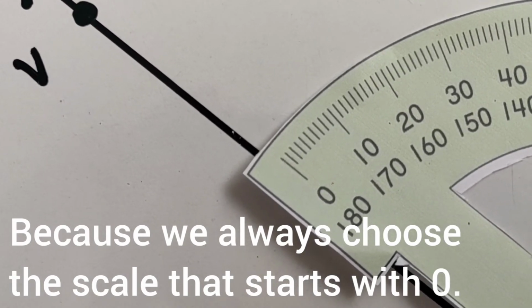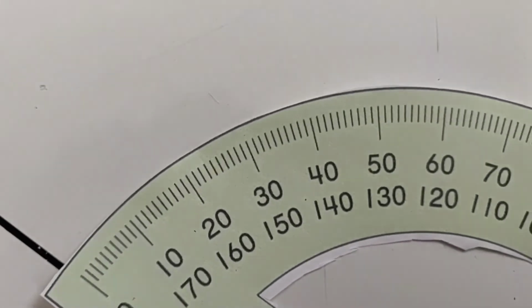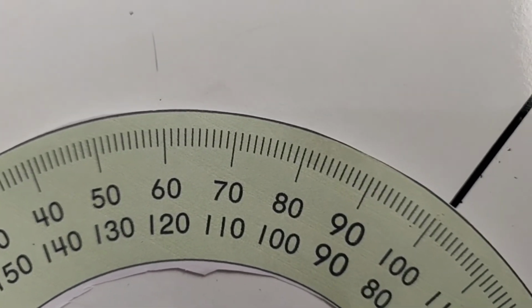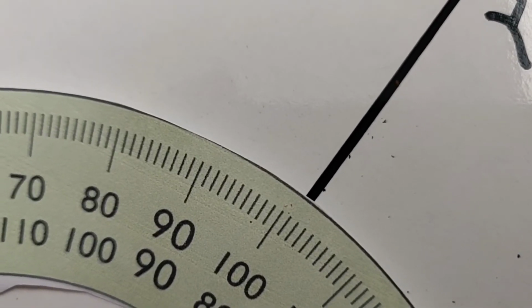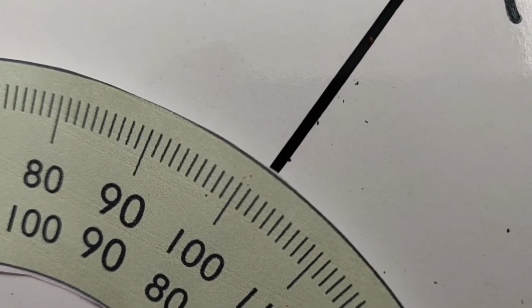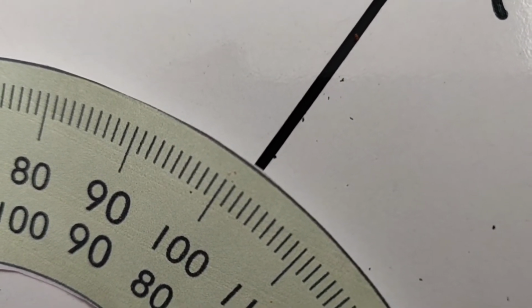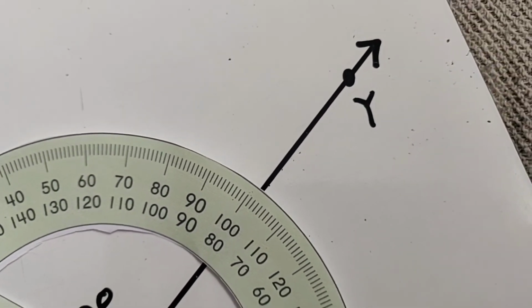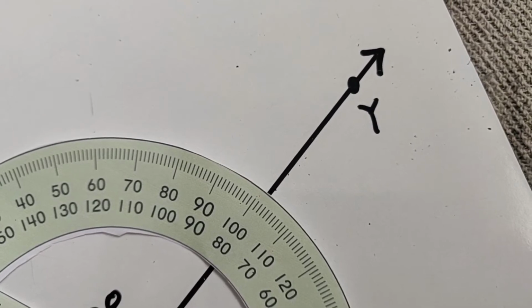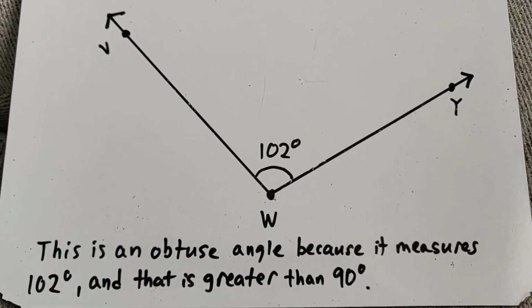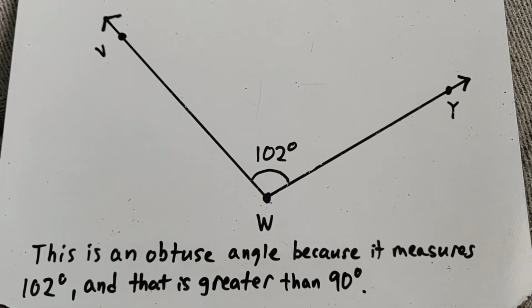We'd go along the outside scale, 0, 10, 20, until we get to ray WY, which would still be 90, 100, 101, 102 degrees. So you could use the protractor either way, and that's how you use the outside scale. But either way, it's 102 degrees and it's obtuse.